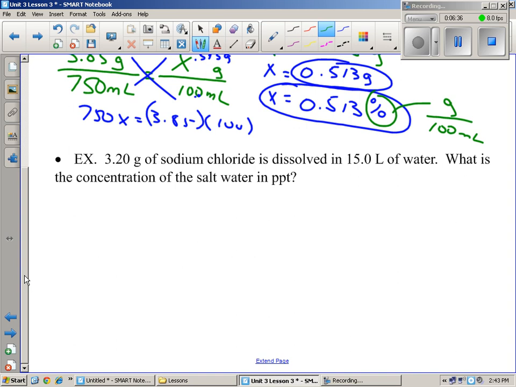This one here, we got 3.20 grams of sodium chloride is put into 15 liters of water. So 3.20 grams, and we're going to put that into 15 liters of water. What is this concentration in ppt? Once again, you have to know the three.